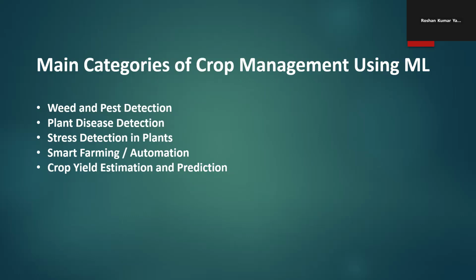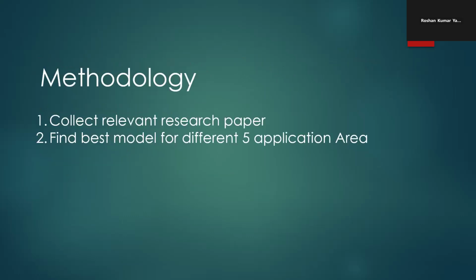They identified the models that are suitable for these five categories on the basis of their performance, and they just analyzed different papers. For the methodology, they collected different relevant research papers with keywords like agriculture and crop management.